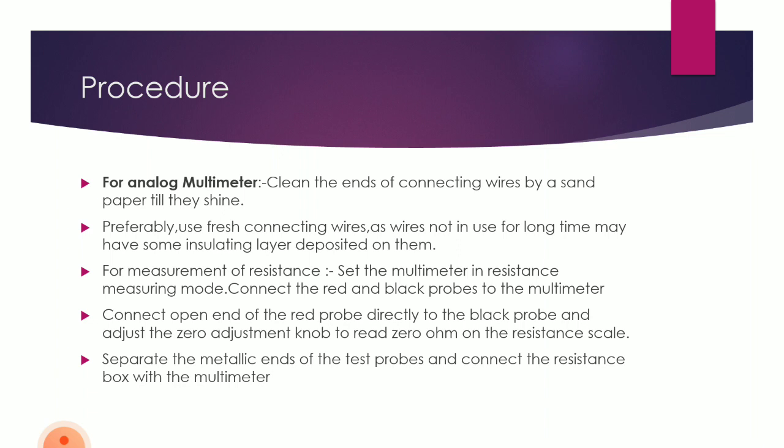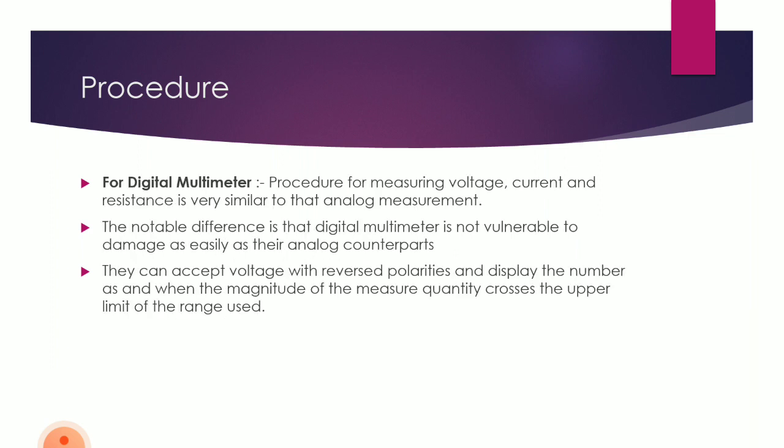Got it? Then we see the procedure of digital multimeter. Procedure for measuring voltage, current and resistance is very similar to that of the analog multimeter. Means we follow the procedure of the analog multimeter to measure current and voltage and resistance also in the digital multimeter.